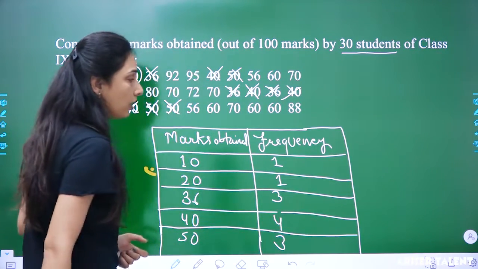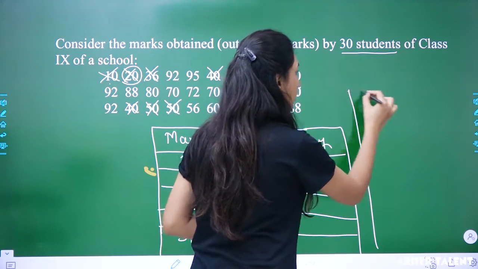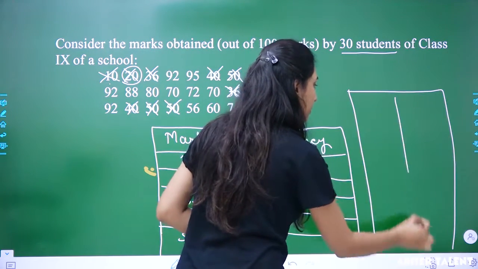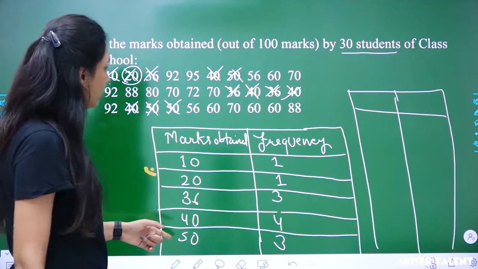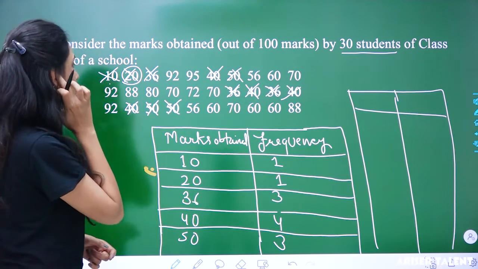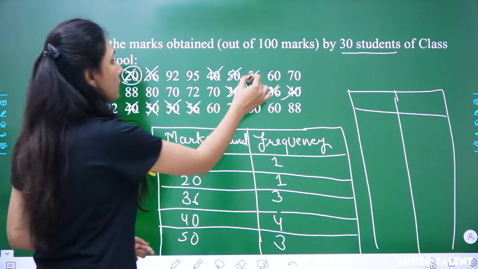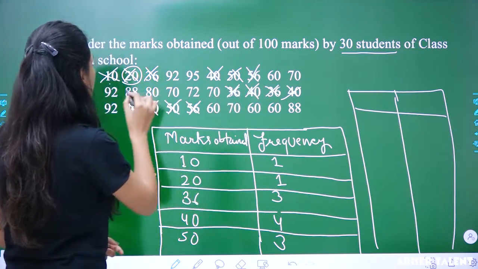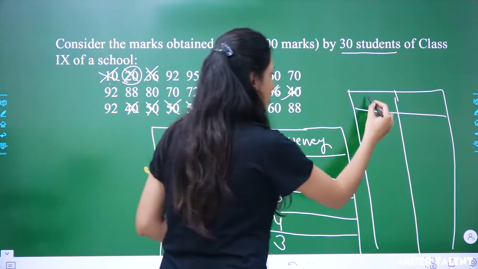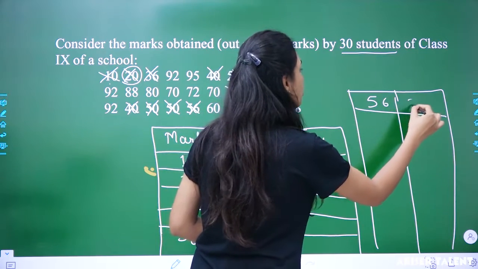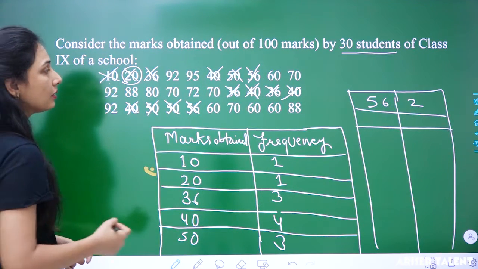Okay. Now, can we shift it to here? After 50, it's going to be which one? 56. 1, 2. 2 times 56. Then after 56, this is going to be 60.